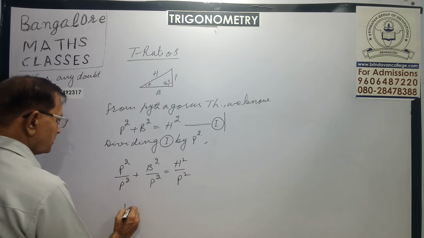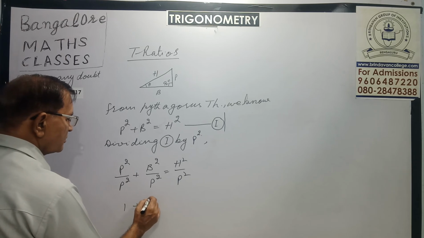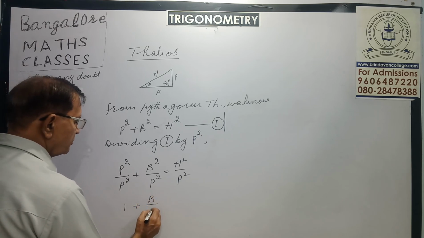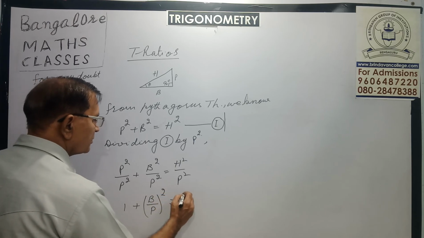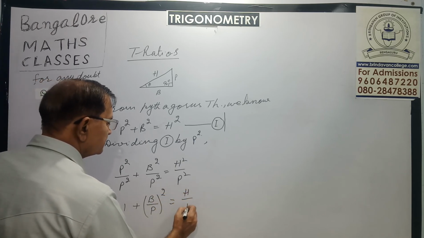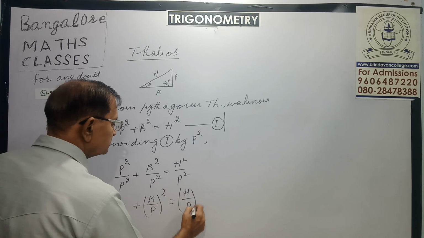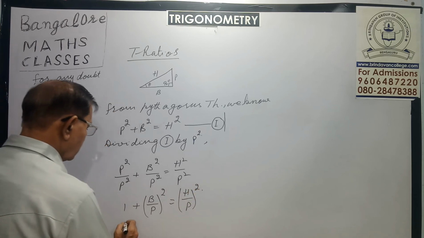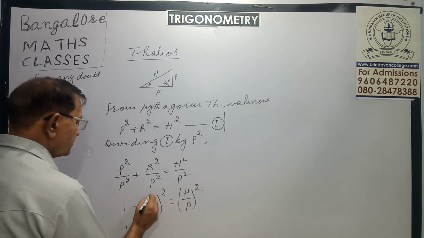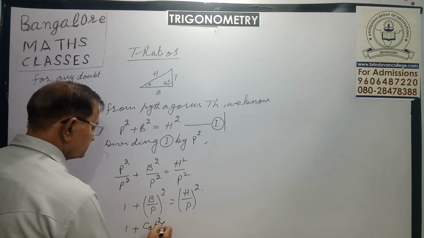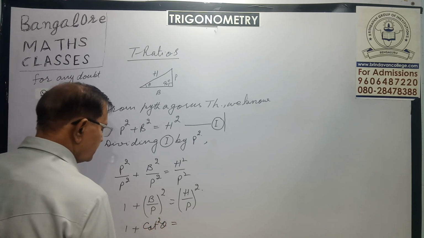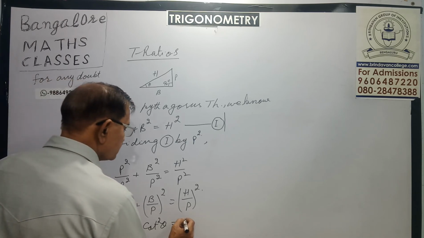P square by P square is 1, then B by P, H by P. 1 plus B by P is cot, H by P is cosecant.